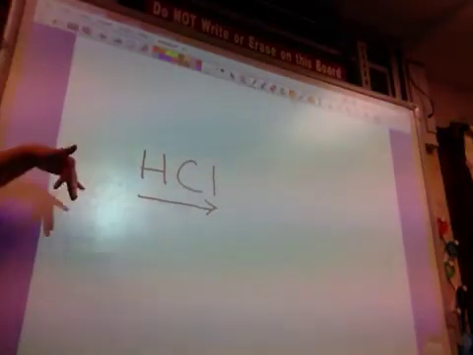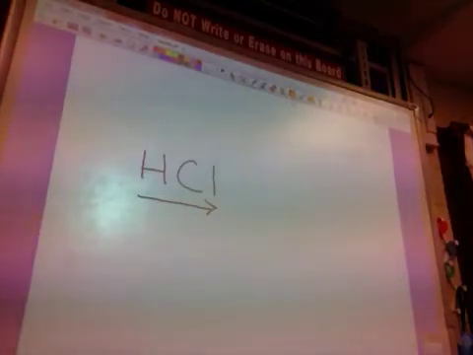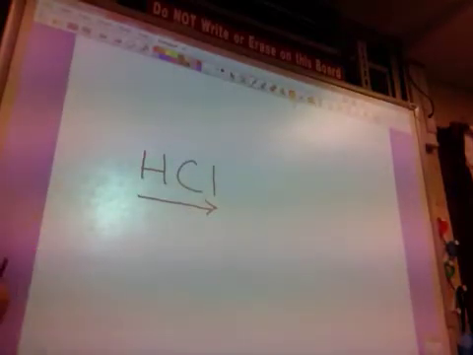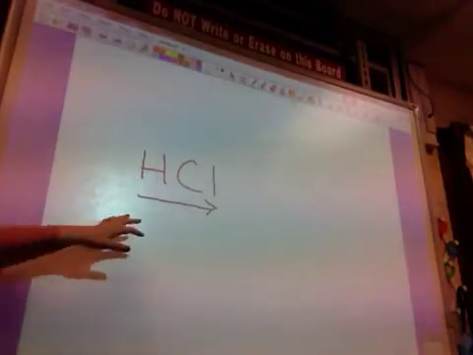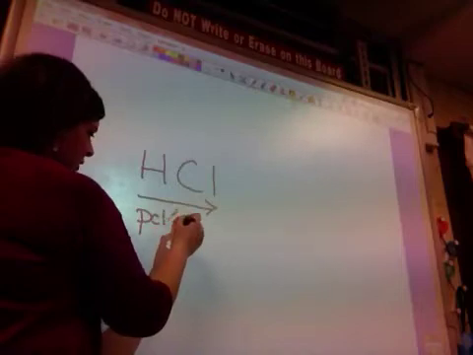So if this is my compound, which actually is just one single bond here, but this could be a compound or a molecule. In this case, is this molecule going to be polar or nonpolar? This is going to be a polar molecule.